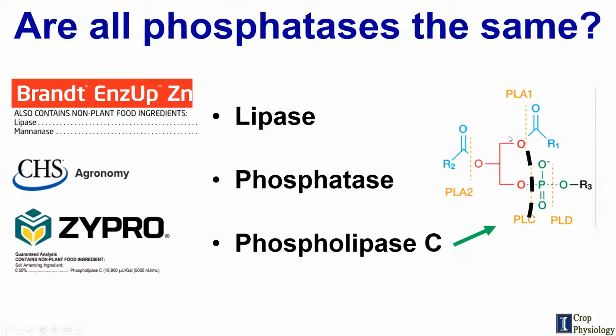That's making that phosphorus available. I don't know which one this one is. And it was this one, A, C, or D, right? Because if I'm cutting out here, I'm degrading organic matter, but I'm not making any more advantage on the phosphorus over here, right? So there's a lot of variability in these, and it's going to take some push on the industry to get more clarity on which types of enzymes we're looking at.